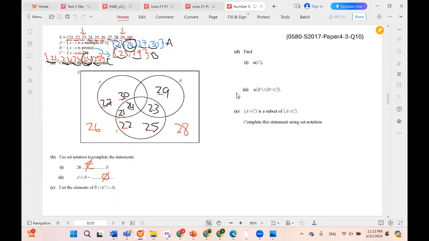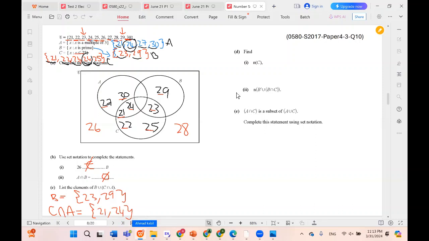In C, we are required to list the elements of B union C intersects A. So let's list B alone and C intersects A alone, and then let's list the union set. B has been written above. It's just 23 and 29. C intersects A is the common elements between C and A, and from the Venn diagram, this is 21 and 24.